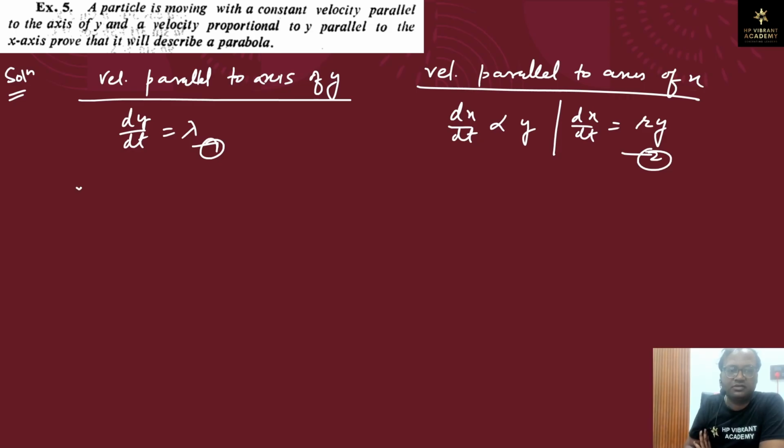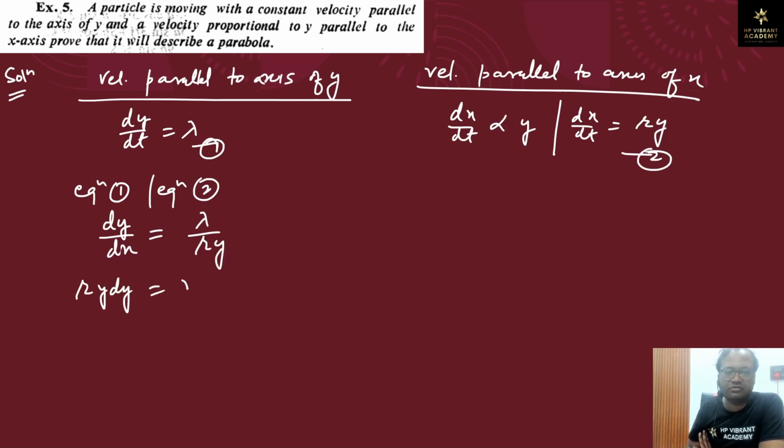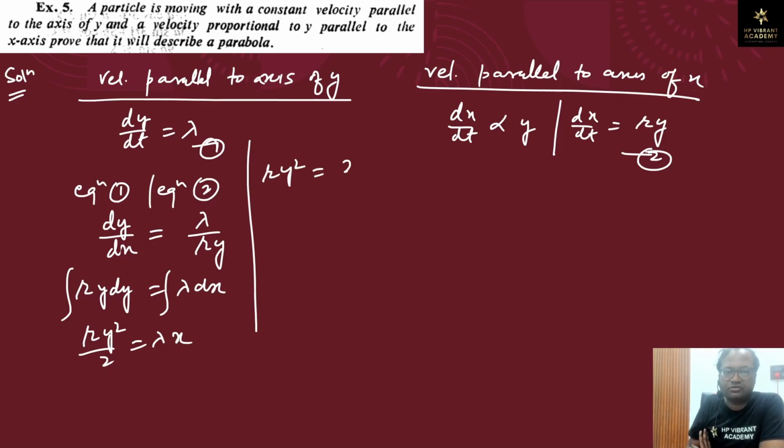So let us divide equation 1 by equation 2. So we have dy upon dx is equal to lambda upon mu y. So let us cross multiply. So mu y dy is equal to lambda dx. So let us integrate this. So mu y square upon 2 is equal to lambda into x. So we have mu y square is equal to 2 lambda into x. So y square is equal to 2 lambda upon mu into x. There will be a constant of integration also, plus c.